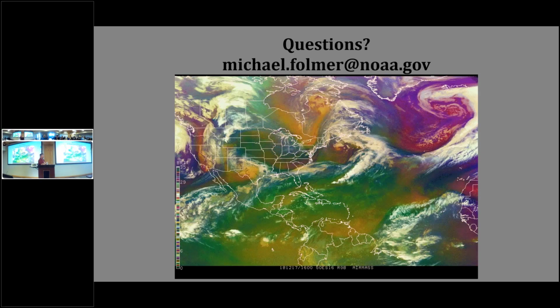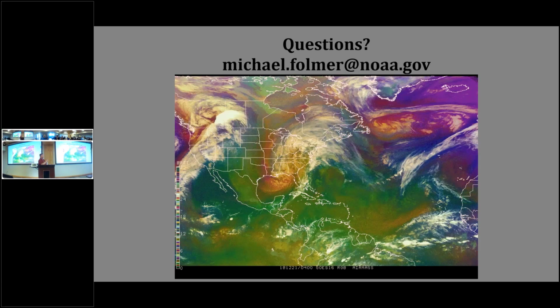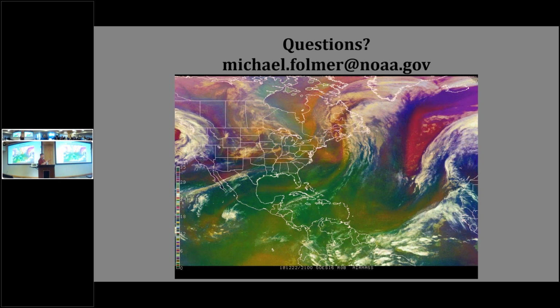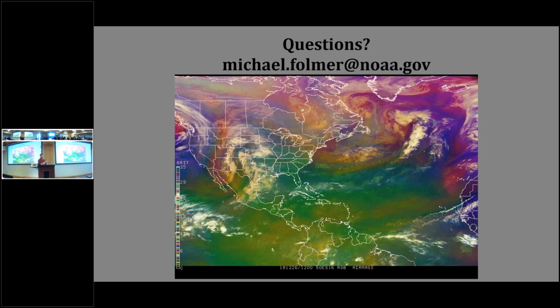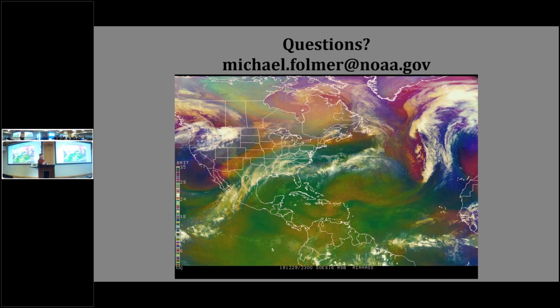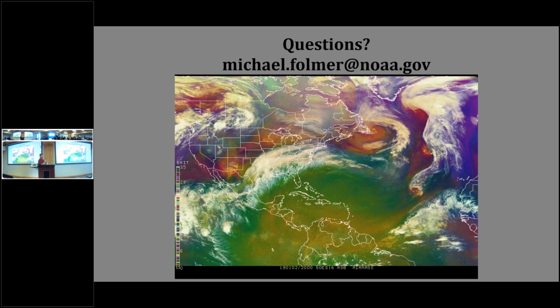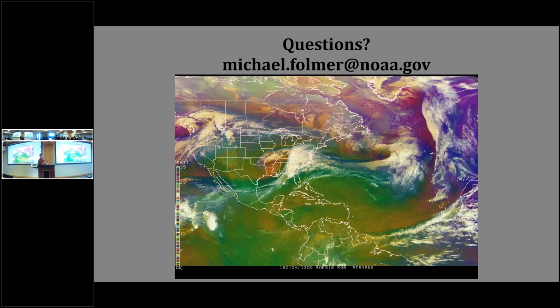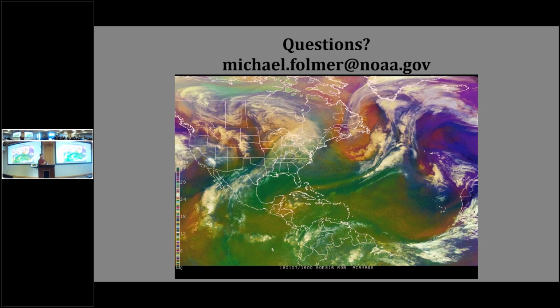I honestly don't know how to answer your question, because it's hard for me to think of taking that one band out if it's not available, and think of another way, after all these years of working with forecasters to better identify some of these features in that combined product, they now know how to identify. I'm not speaking just for myself. This is across the board at the Ocean Prediction Center and in a lot of the National Hurricane Center.